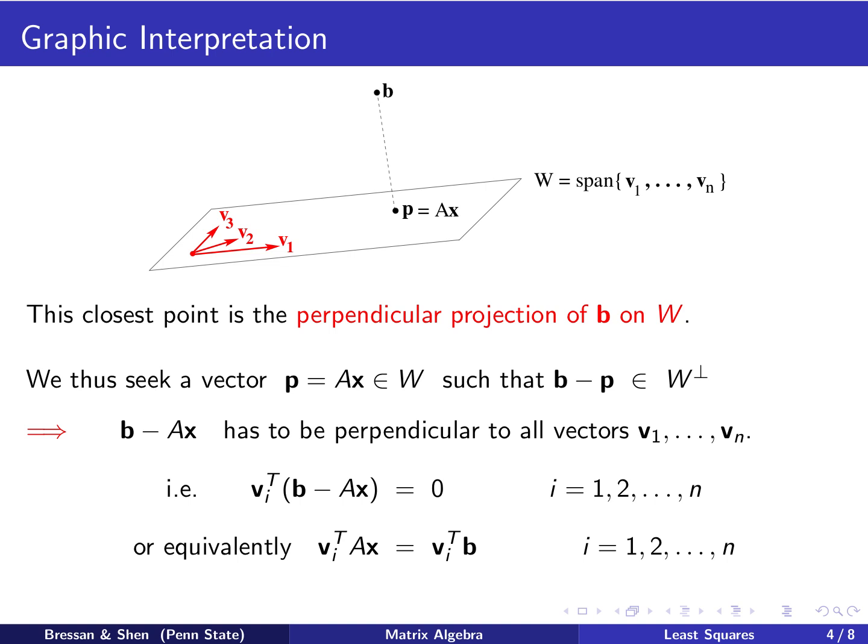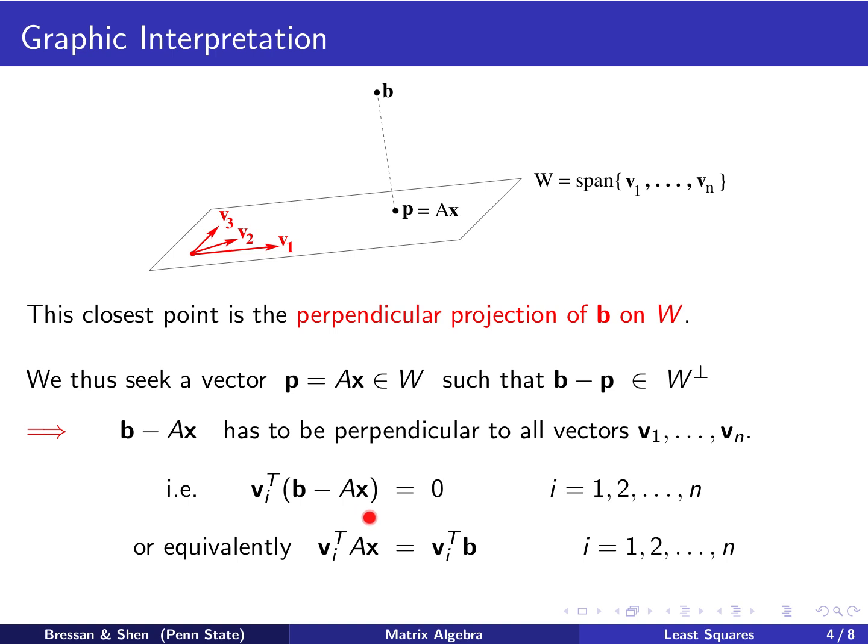We can write out what it means to be perpendicular: the inner product is 0. Let's take column i, which we call the vector vi. So vi transpose times this vector b minus Ax must be 0. That means these two are perpendicular.